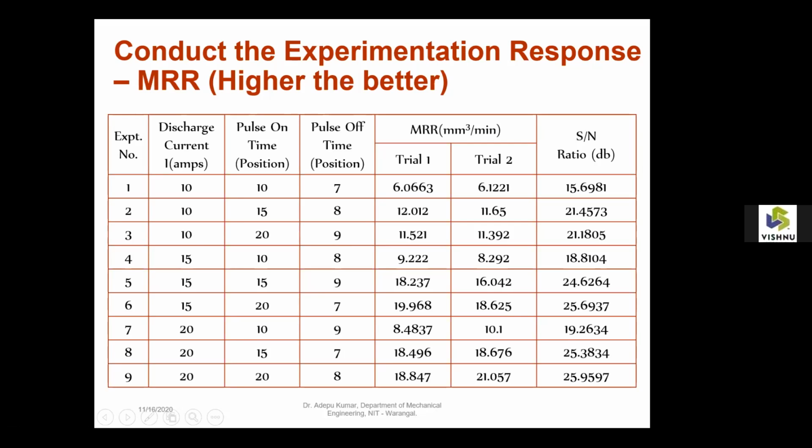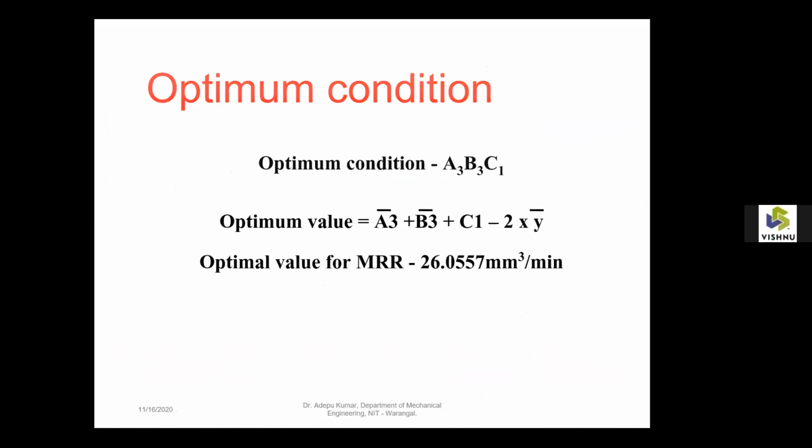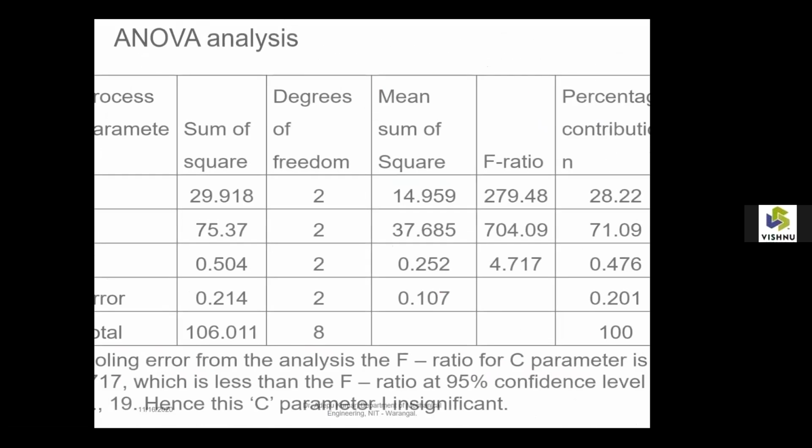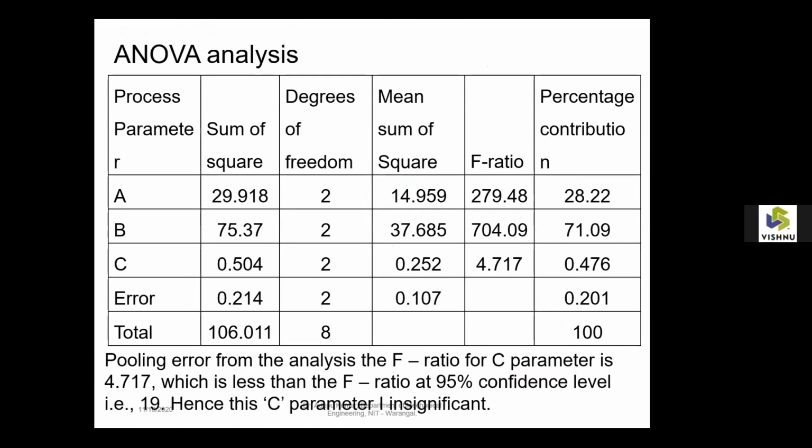Understood? Now, in further experimentation, you fix the C value at either 7, 8 or 9 and vary by adding another parameter into the system, then you can do the same process.